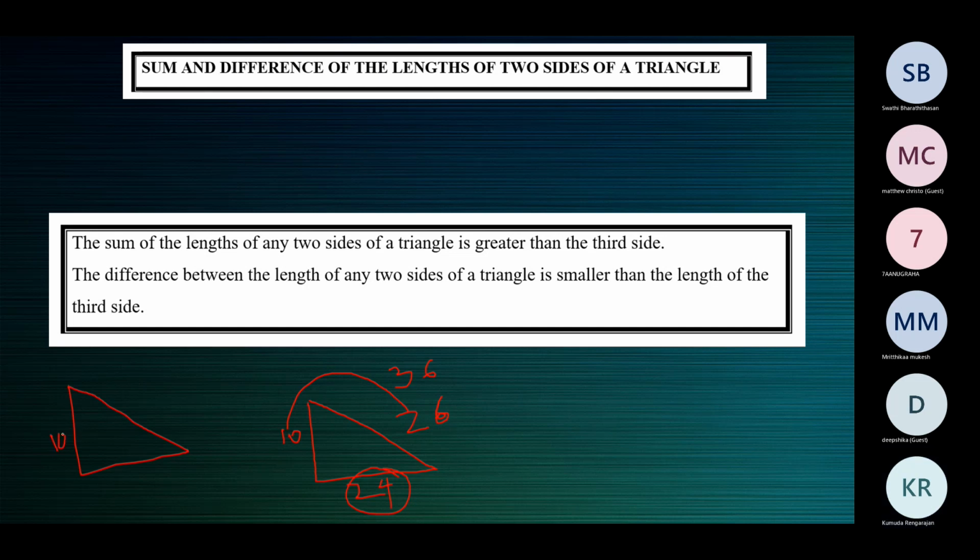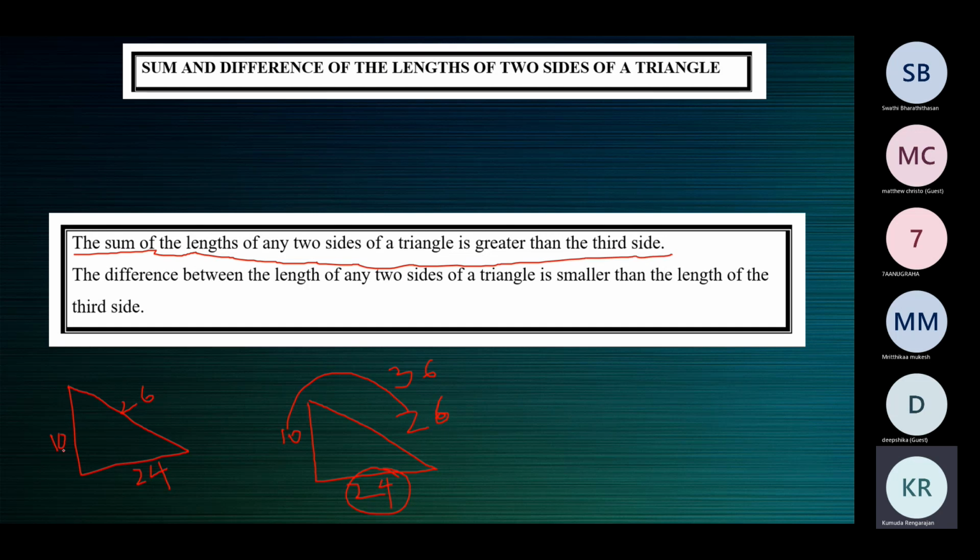See, the first property is the sum: the sum of the lengths of any two sides of a triangle is greater than the third side.